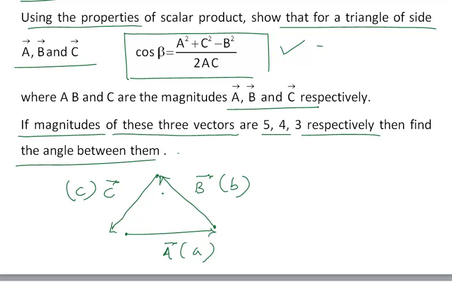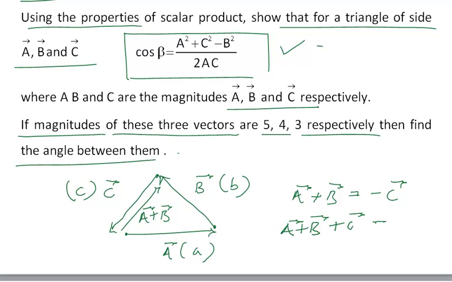Now if they are the sides of the triangle, then A plus B, that is the resultant, is anti-parallel to the third side C. So A plus B is equal in magnitude but opposite in direction to C. So A plus B plus C is 0 in case of a triangle. This property you should always keep in mind.